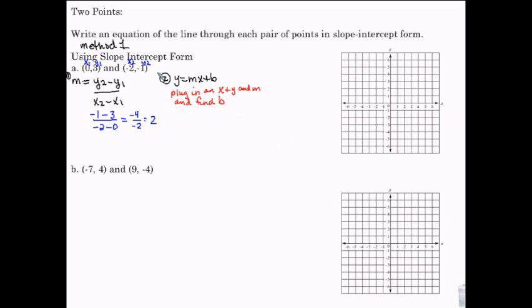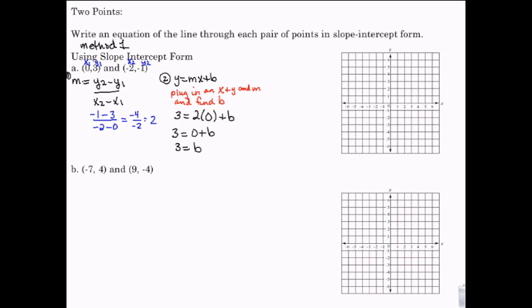Do you guys want to use 0, 3 or negative 2, negative 1? 0, 3. 0, 3 is nice because it makes things go away, right? Zeros do. So I'm going to have y, m, x, b. I don't know b, so b stays a b. I'm trying to find b. But I plugged in x and y and m. So I get 3 is equal to 0 plus b. So b is just 3 on this one.